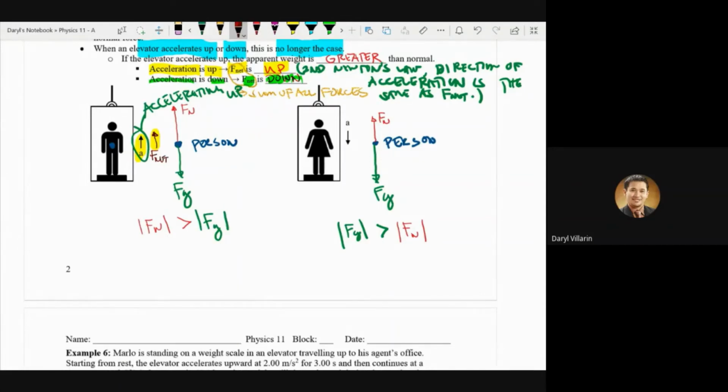Okay, so F net here, since the acceleration is moving down, means the net force is also down. So first is F net, again, acceleration is down, so the net force is down.